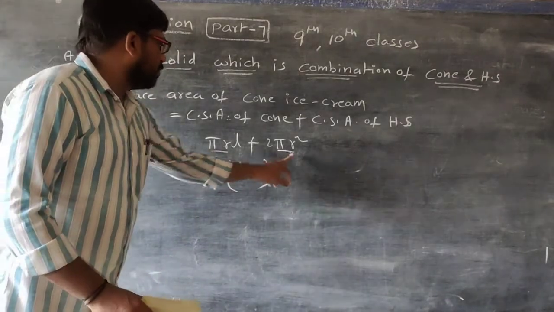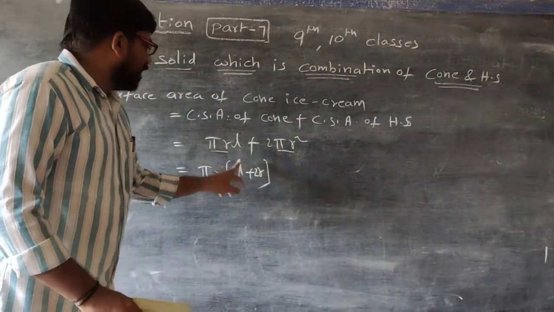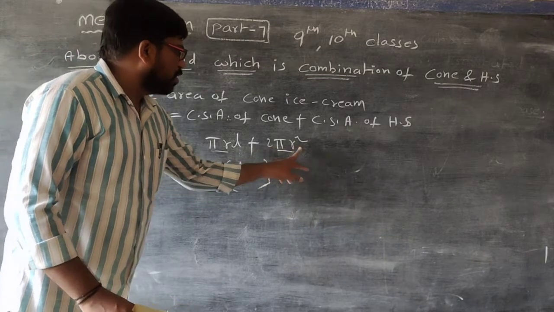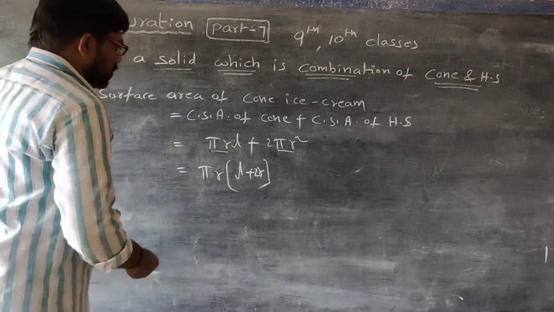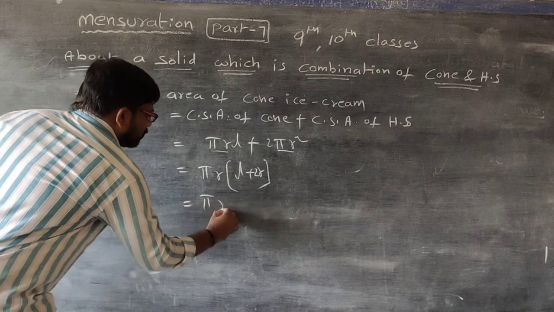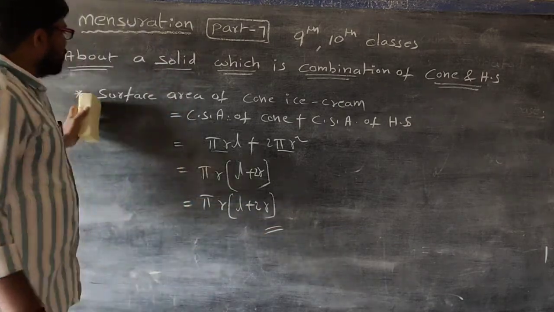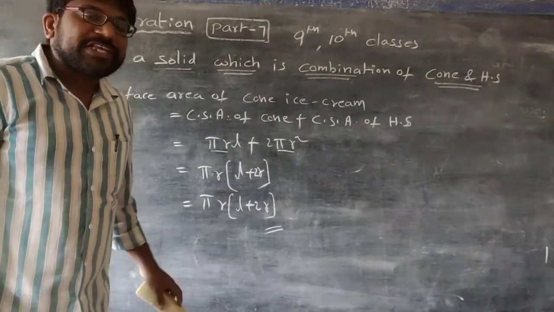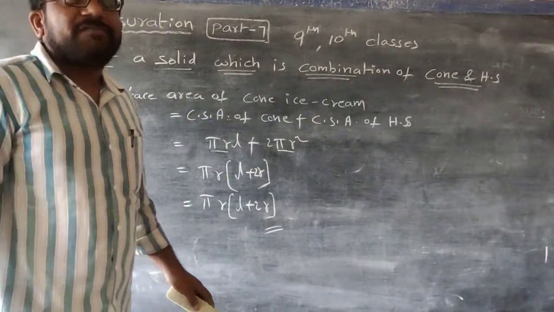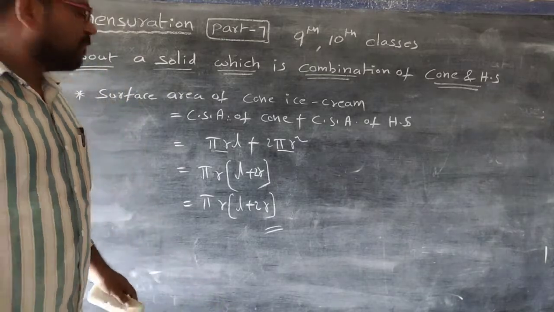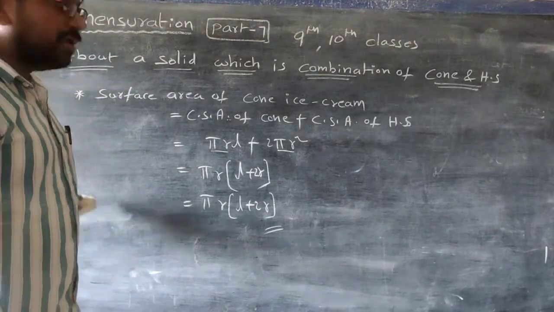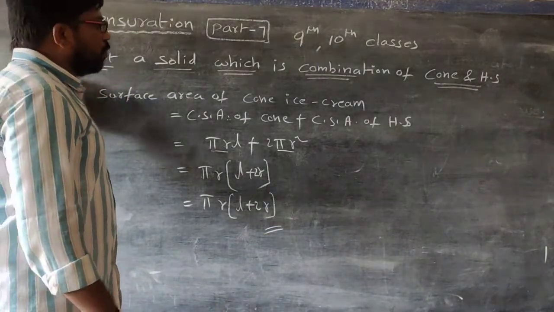So take pi r common means pi r of l plus 2r. So pi r into (l plus 2r) is the surface area of the cone ice cream or the toy, which is a combination of cone and hemisphere. Next, what is its volume?